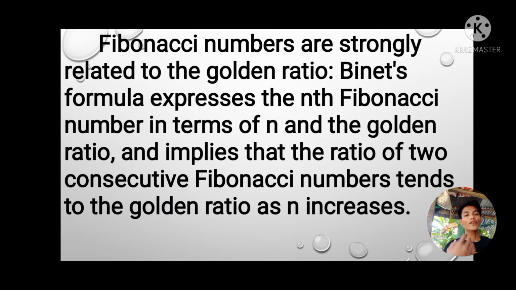Next, Fibonacci numbers are strongly related to the golden ratio. Binet's formula expresses the nth Fibonacci number in terms of n and the golden ratio, and implies that the ratio of two consecutive Fibonacci numbers tends to the golden ratio as n increases.